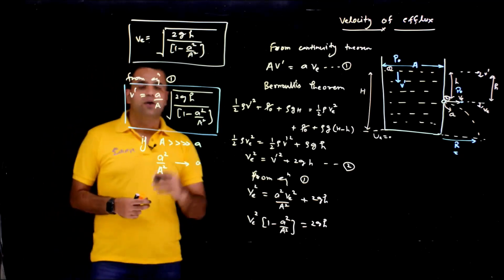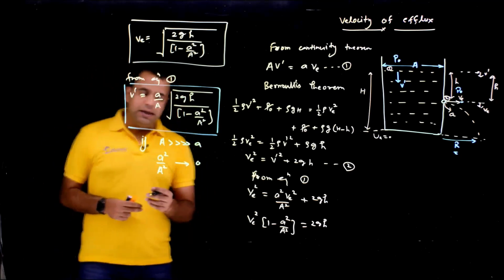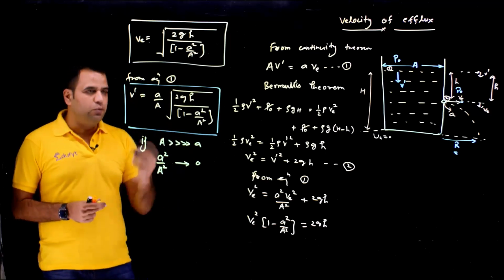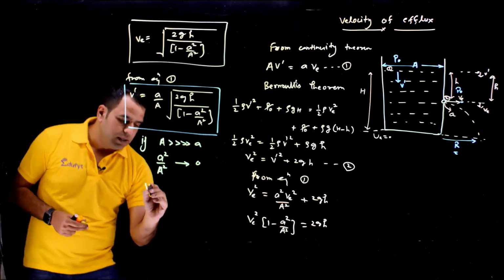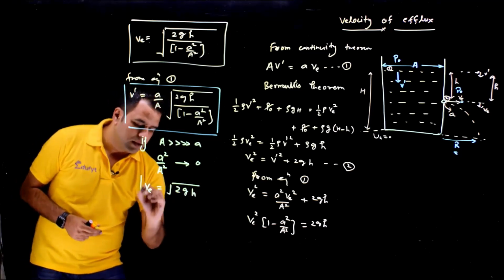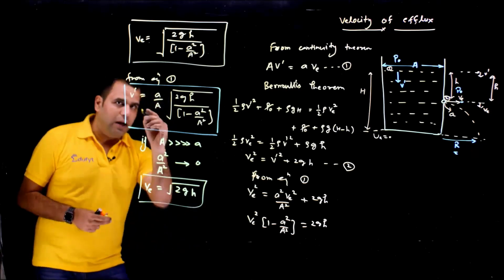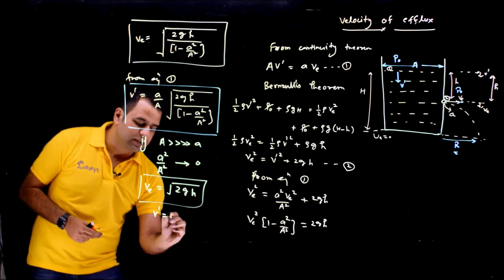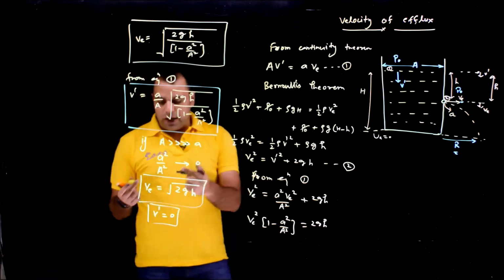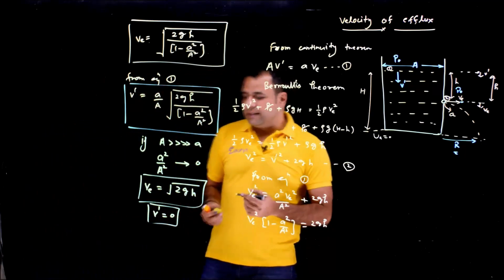This value will tend towards 0. Similarly, small a upon capital A will also become 0. If we put this condition into these two equations, my value of VE will become the square root of 2gh, and my value of V dash will become 0. If we apply this condition, our formula becomes very easy.